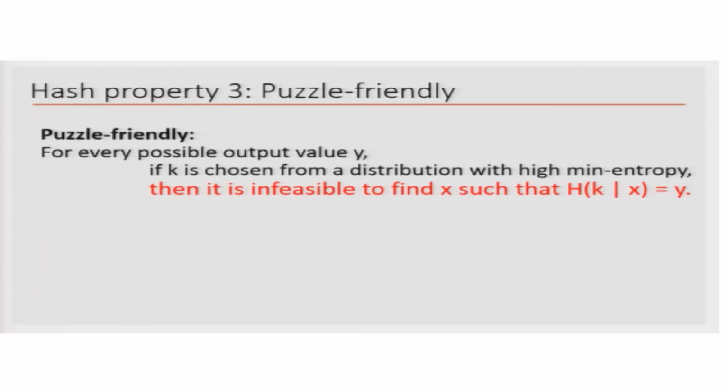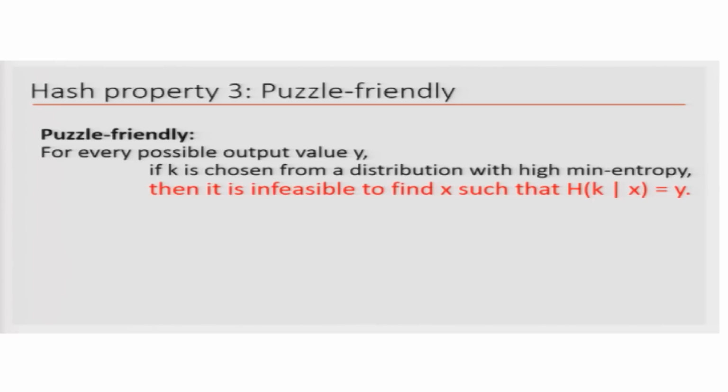The third property that we want to emphasize is puzzle friendliness. What is puzzle friendliness? It means that given an output of a hash function, and given that part of the input we know is a random number, finding the rest is very difficult or infeasible.